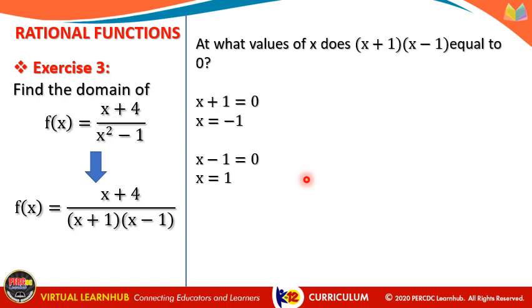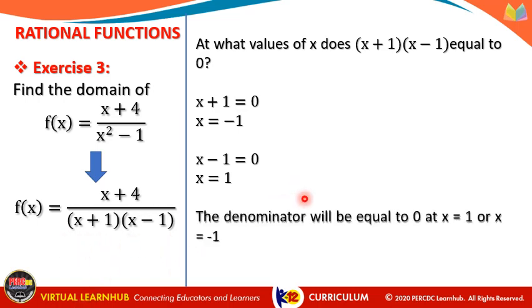Therefore, sa anong values ng x magiging 0 yung denominator natin? Magiging 0 yung denominator natin kapag ang ginamit mong x ay 1 o di kaya ang ginamit mong x ay negative 1. Therefore, iiwasan natin ang x equals 1 at yung x equals negative 1.